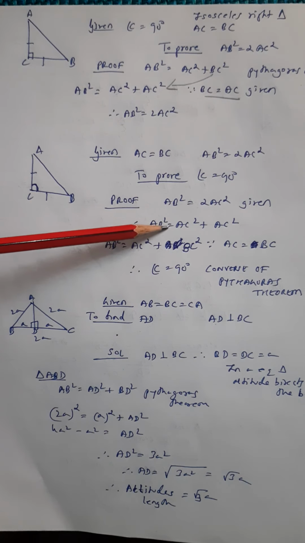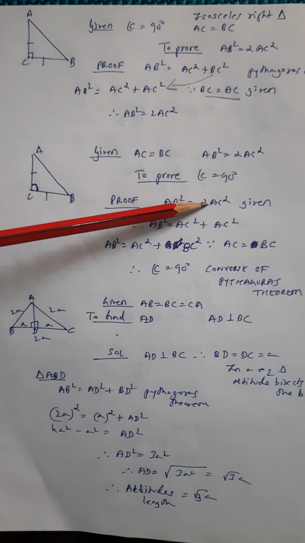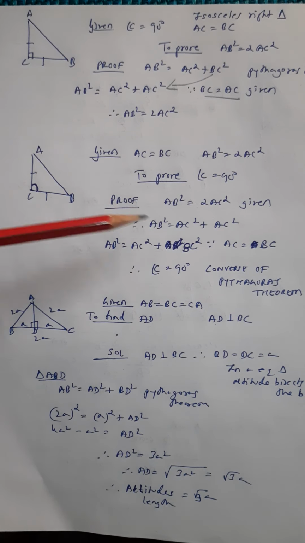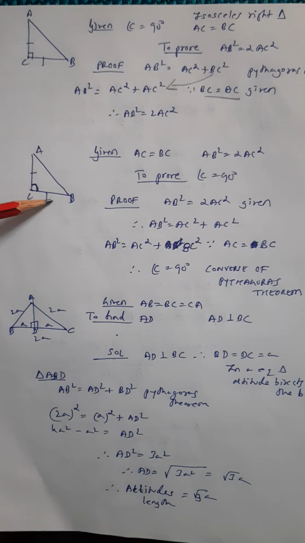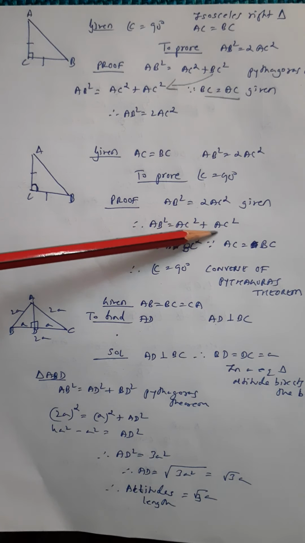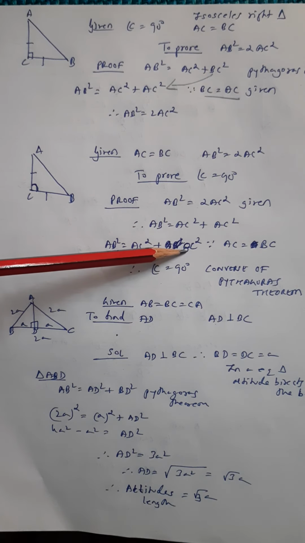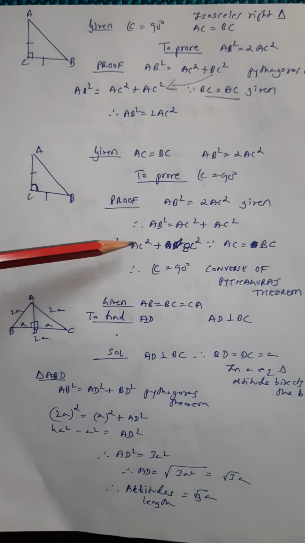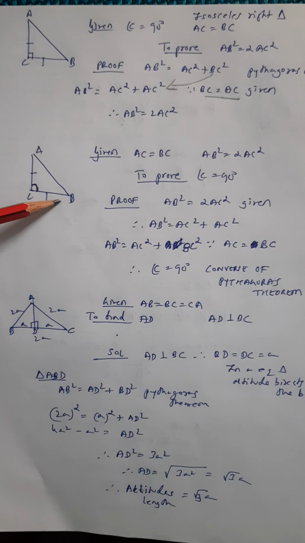So AB square is 2AC square already given to us. I can split this into 2 parts. 2AC square can be written as AC square plus AC square. Now since it is given to you that AC and BC are equal, instead of one of the AC square, I can replace with BC. So AB square equal to AC square plus BC square, and we know that if sum of squares of two sides is the square of the third, then the angle opposite to that third side will be a right angle.